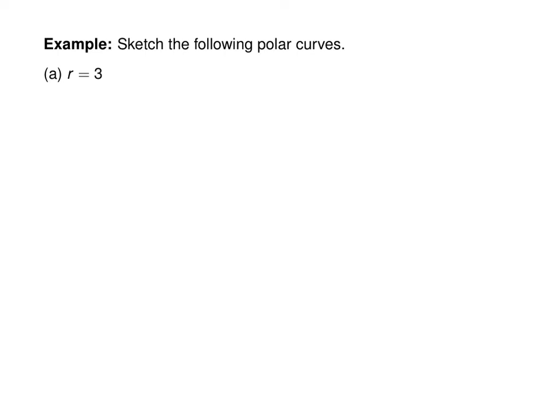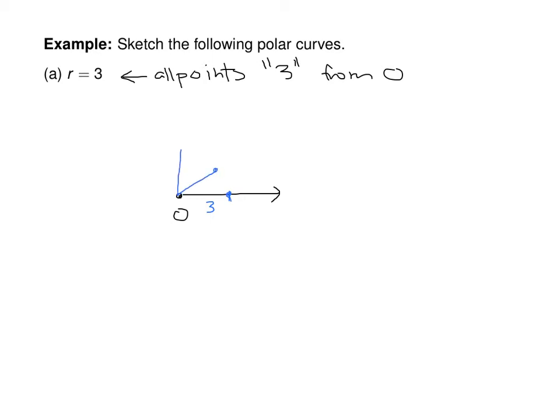r equals 3. This is a collection of all points which are 3 units from O. So if I have my origin, we'd have 3 units out this way, 3 units out, 3 units out.